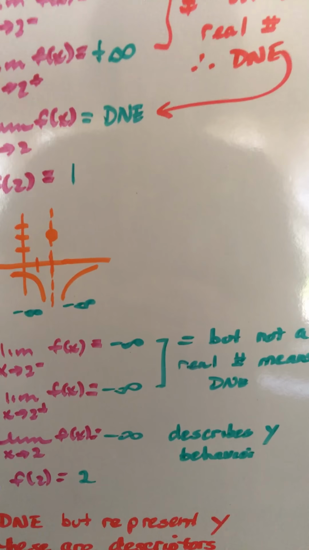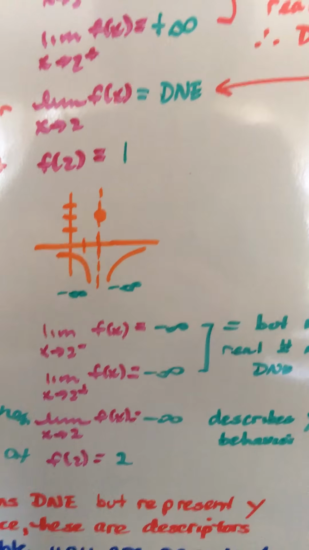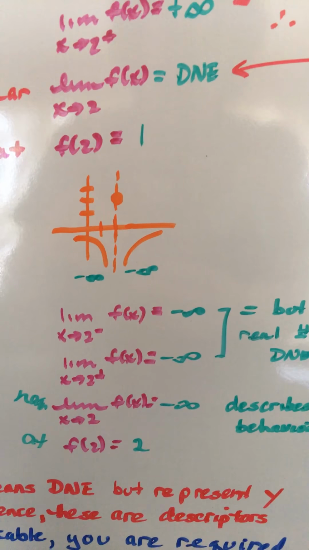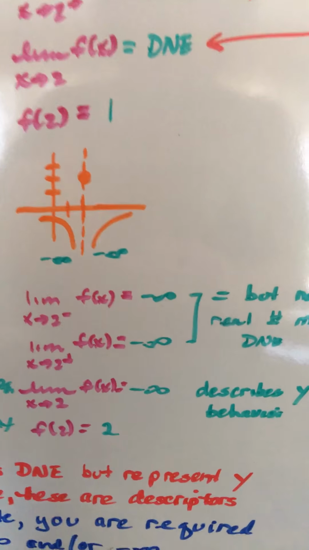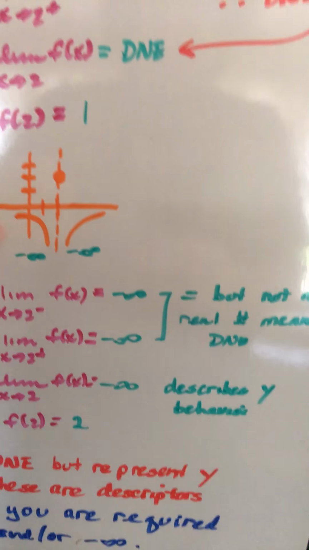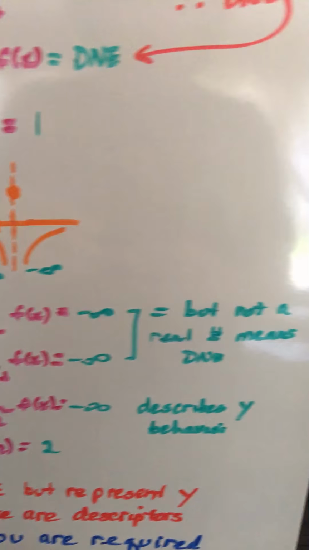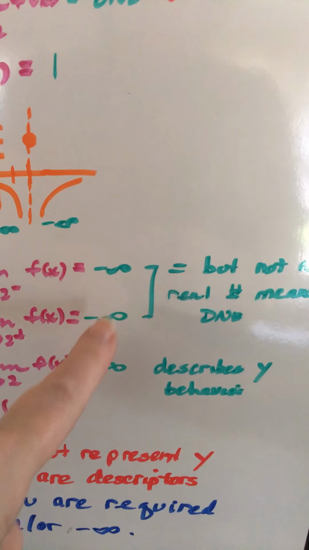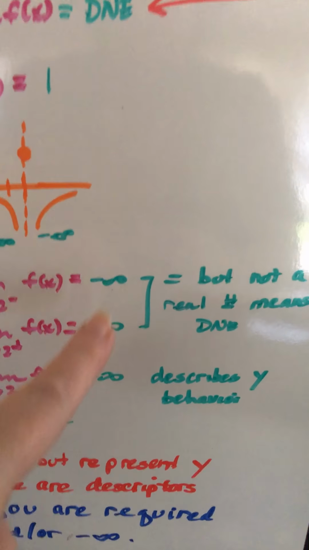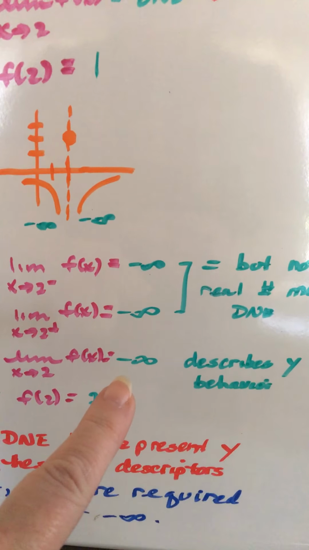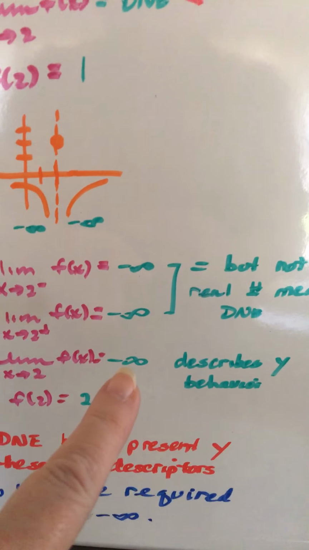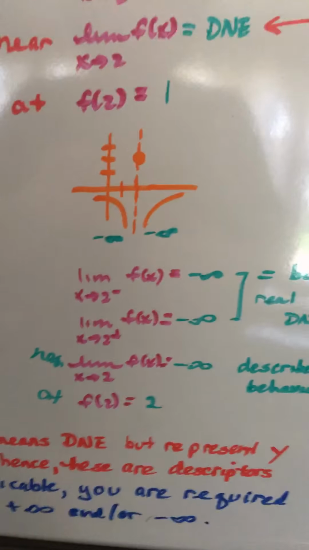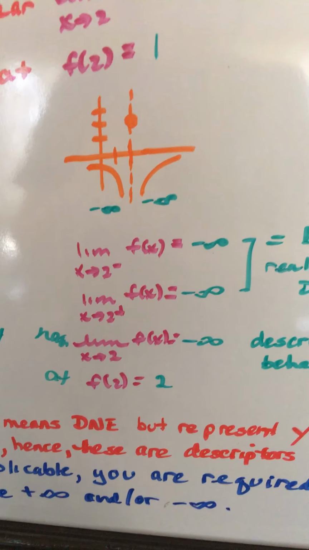So now I did another graph showing you that there is an ordered pair on the graph, and now we're heading down. And so the limit on both sides is heading to negative infinity. Technically, it does not exist, it's unbounded, but the negative infinity describes the direction, and so these are legal answers. Because they're both the same infinity, we write this answer as negative infinity. Again, this means the limit does not exist, but it's a better answer than just does not exist. Mathematicians say negative infinity means does not exist.